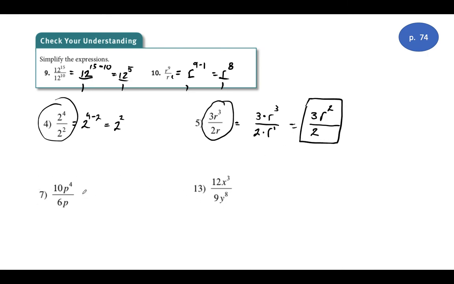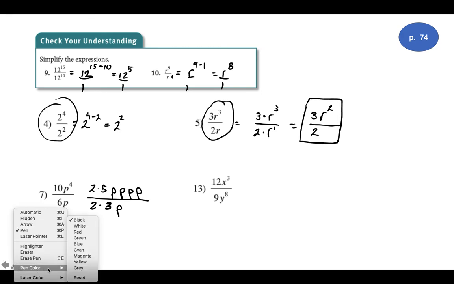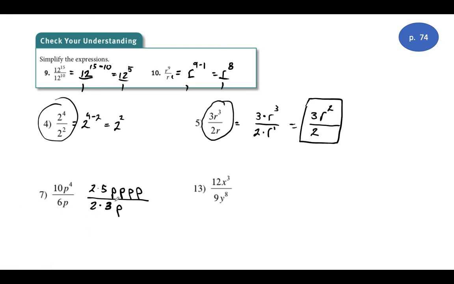All right, let's look at number 7. Number 7, this is not a simplified fraction. Agreed? So I'm going to break out my good friend prime factorization. I told you we were going to use it over and over and over again all year long. I did not lie. So I have written my numbers in prime factorization, and I have written my powers in expanded form. I can cancel this 2 with this 2.